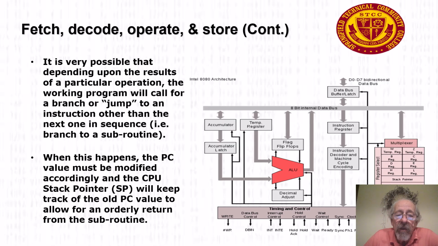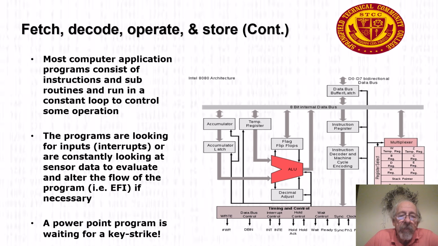So again, if we have a jump command, we will alter the contents, probably radically, of the program counter to go to the subroutine. Implement that subroutine, and when we're done with it, we'll go back to where we were in the program. We'll return using the stack pointer contents.